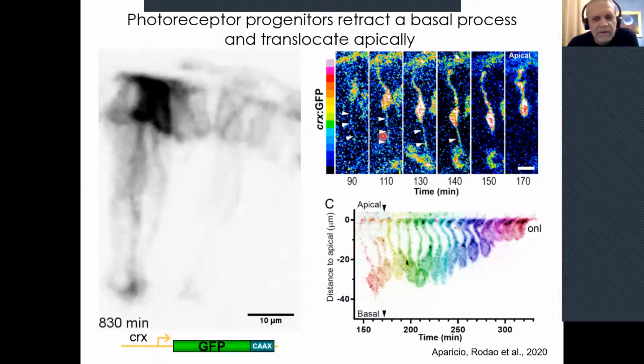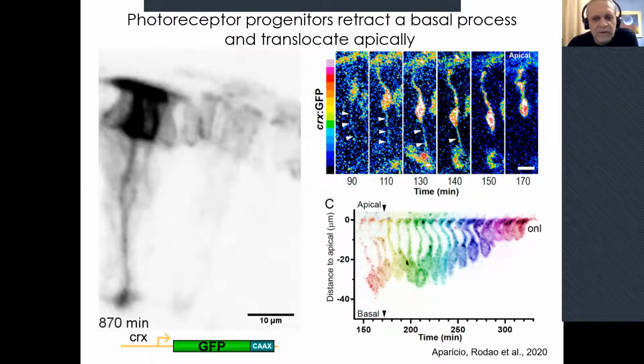It's very difficult to see the basal process, it's very thin at early stages, but we see that there is a detachment, a very quick retraction, and eventually a translocation of the nucleus of the cell towards the outer nuclear layer. And that happens in a relatively short time. In this movie, we could see the cell divided once. We see two cells now because there was a cell division a very short time after it reached the outer nuclear layer.